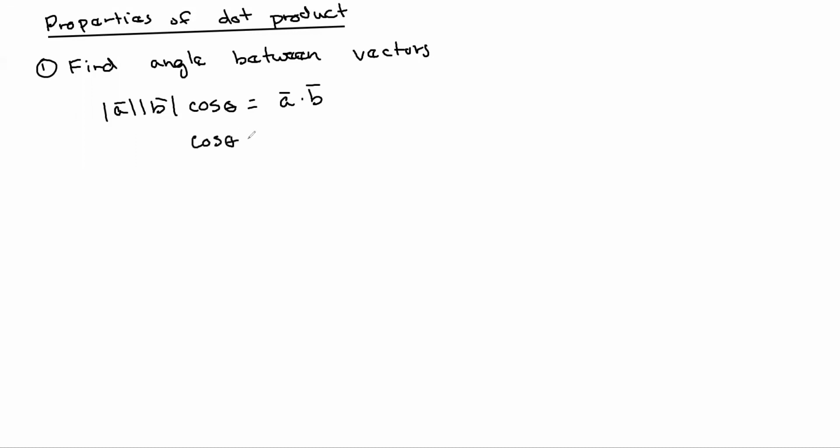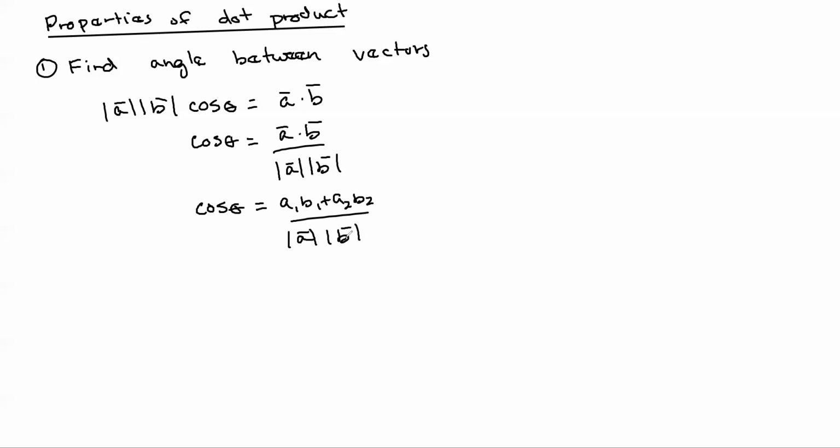So we get cosine theta equals A dot B divided by the length of A, length of B. And then at that point, now that the right-hand side has all of the stuff that we'd like to be able to calculate, we can go through and use definition 2 of the dot product in the numerator here to rewrite this as cosine theta is A1 B1 plus A2 B2 over length A, length B.